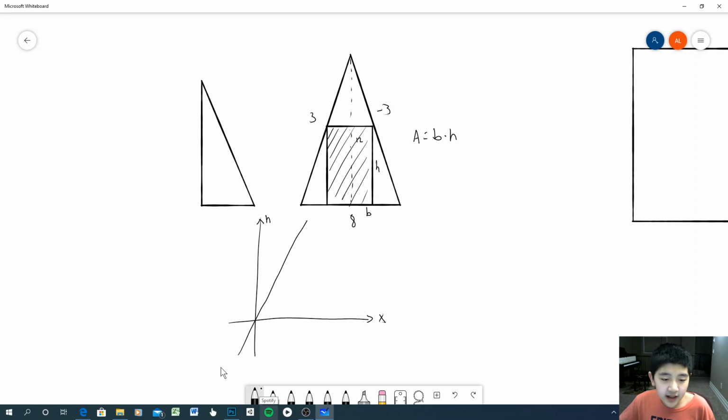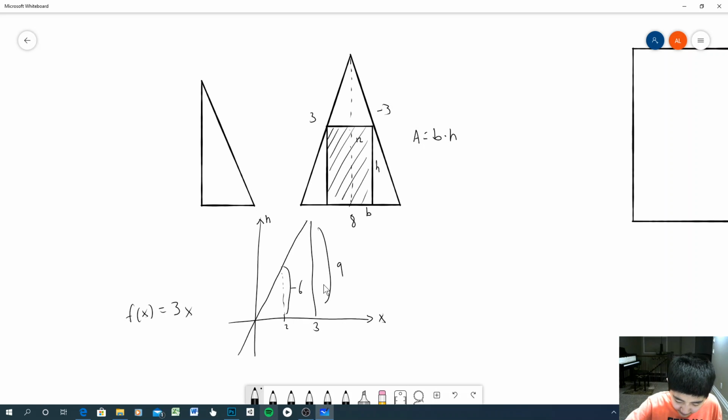Now we know that it's a slope of 3 and it's passing through the origin. So that function would give us f(x) equals 3x, a simple function. So basically, when we have a distance, we go up, we multiply that distance. For example, let's take a 2, multiply it by 3, and we go up. So that's 2 times 3, which is 6. This distance will be 6. And if we take 3, 3 times 3 is 9, that distance will be 9.